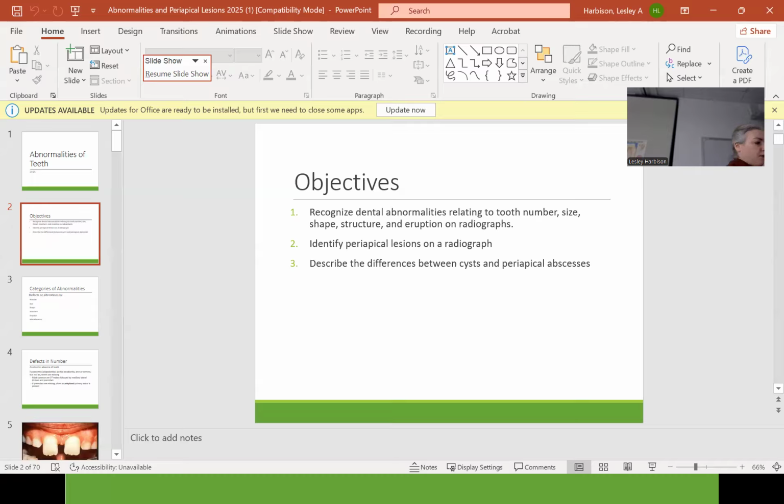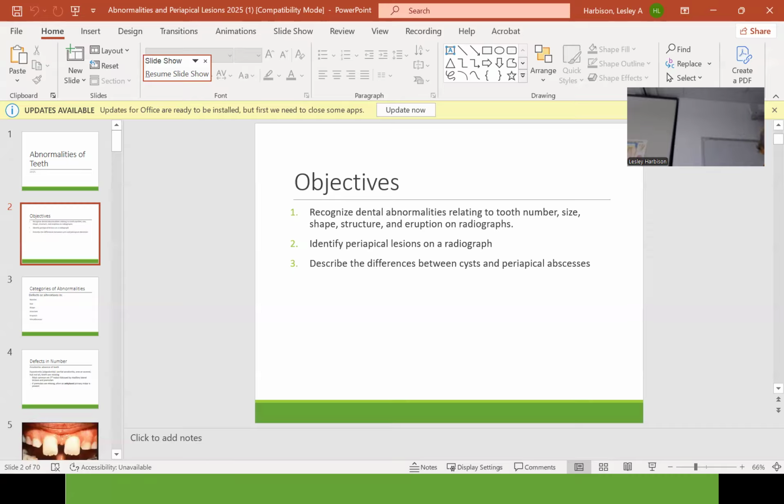So then we have defect in tooth numbers. That is referred to as hyperdontia, so one or more extra teeth. And then some specific names for that would be supernumerary. So you can have a supernumerary tooth, say an extra third molar. So you have like a little baby third molar behind the normal size third molar.